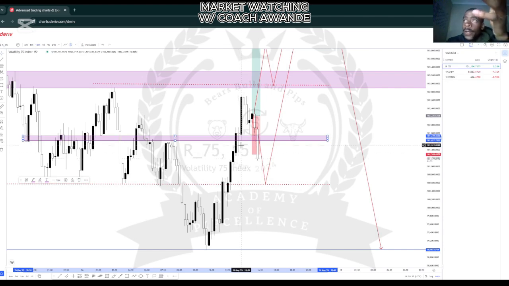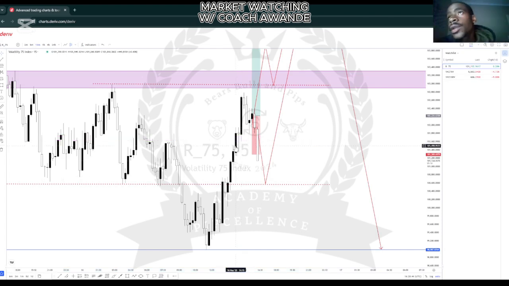Because as you can see, this was subliminal. I didn't even mark out this area, but I could see that there was a higher than not potential to continue to see price go up. But clearly, we were wrong, and that was not the play this time.